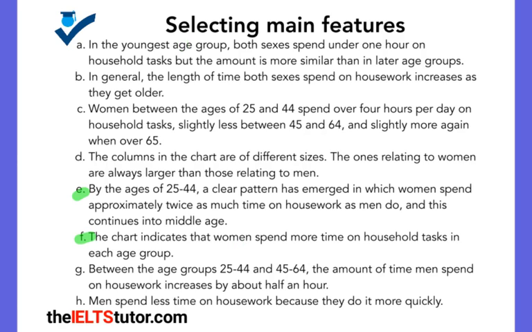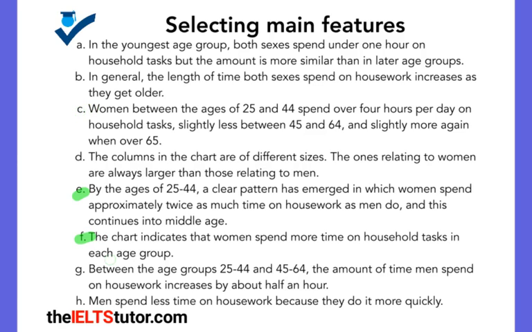So sentences C and G deal with minor details which are not really relevant to the main features. If you look at sentence C, women between the ages of 25 and 44 spend over 4 hours per day on household tasks, blah, blah, blah. This, to me, is much better written in the body of the paragraph rather than in the overview.